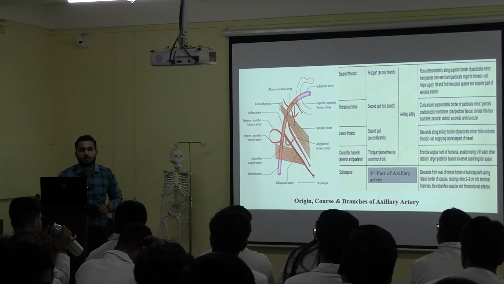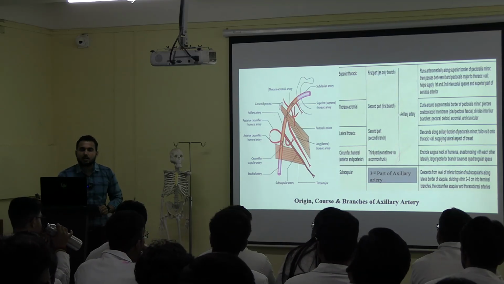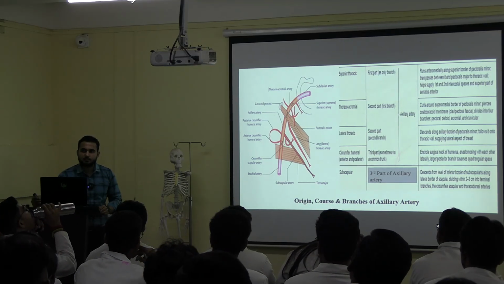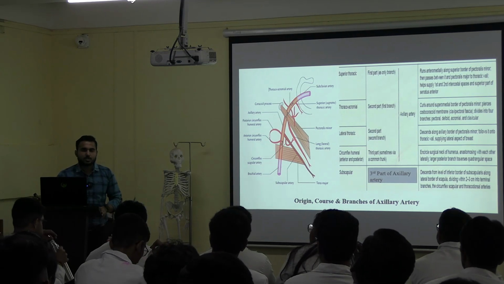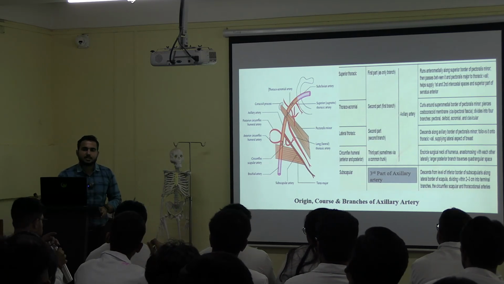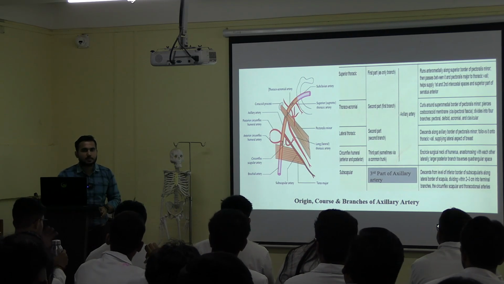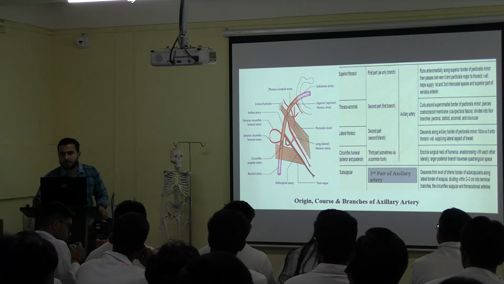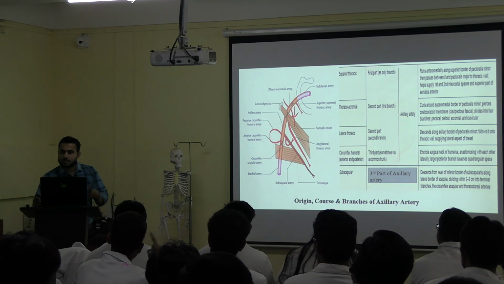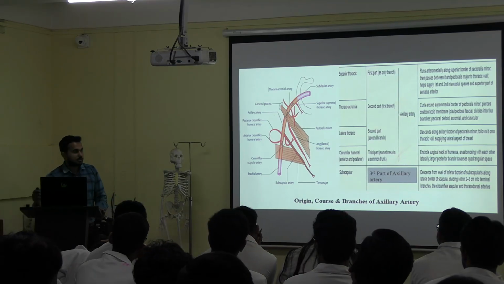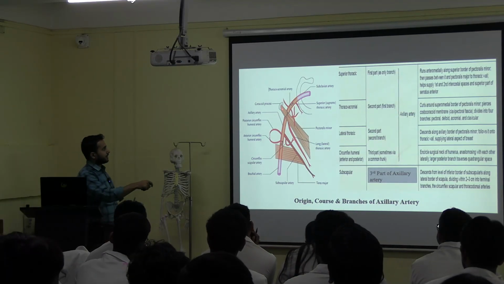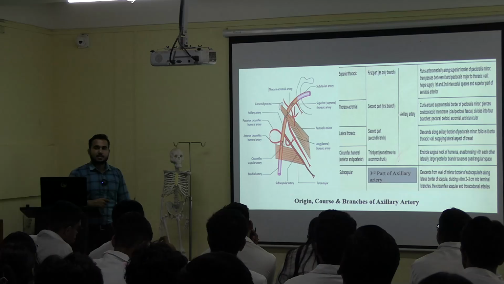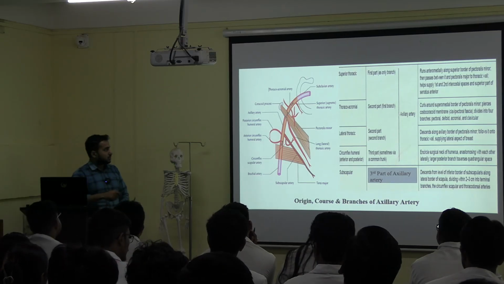If you take the example of the axillary artery, how to remember the branches? That day I have written. First of all, how many parts are there of the axillary artery? Three parts are there. Now how are the parts divided? One muscle is there, the pectoralis minor muscle. As you can see, the pectoralis minor muscle divides the artery into three parts.